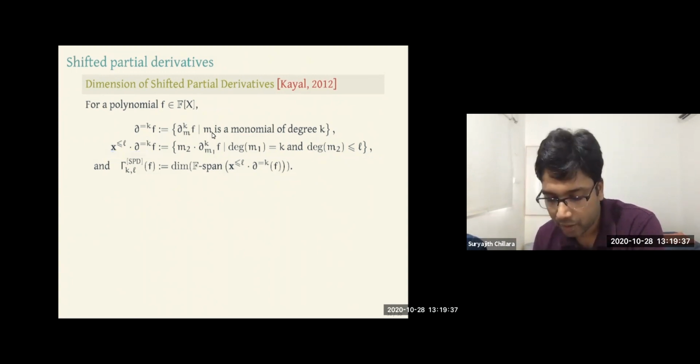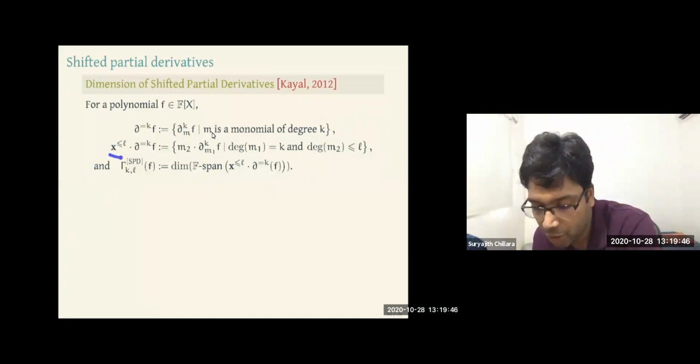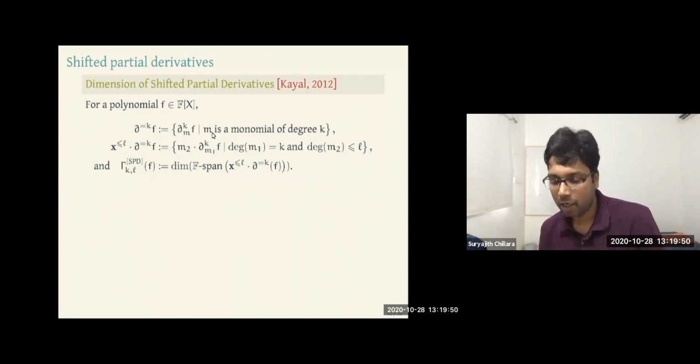And now what they consider is the dimension of the F-linear space that is spanned by these polynomials. This is a vector space over F, and now it is the dimension of a vector space. So subadditivity and everything goes through.